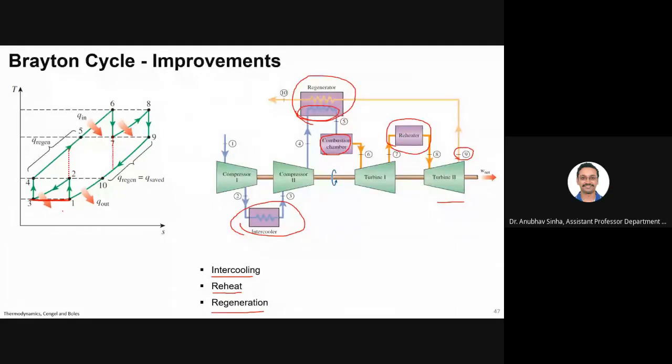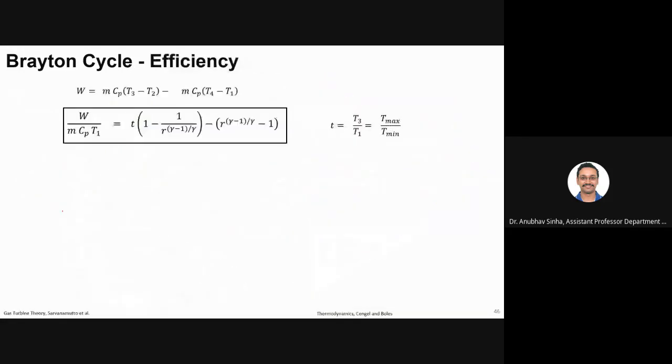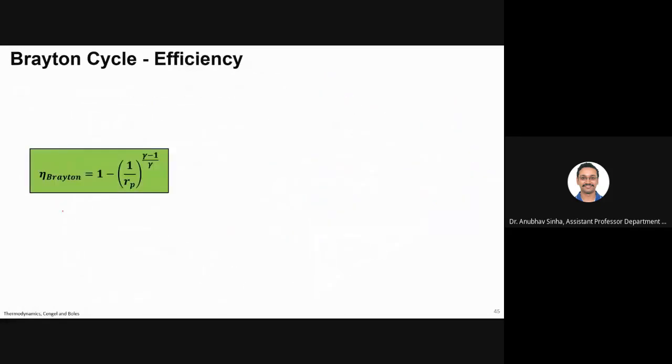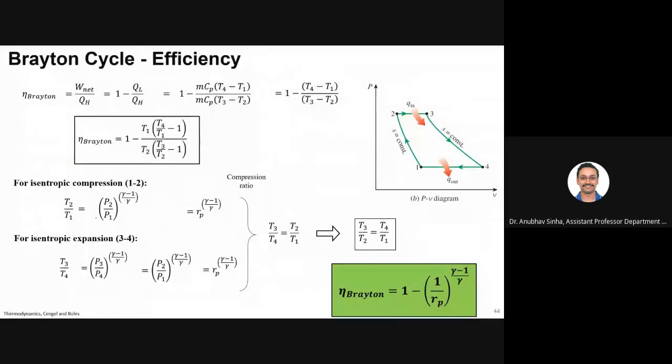See, whenever you compress, your temperature will increase, right? If you look at this relation, if you change your pressure ratio, your temperature will also change for any isentropic process.